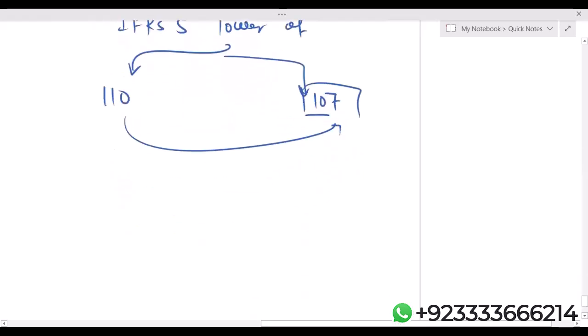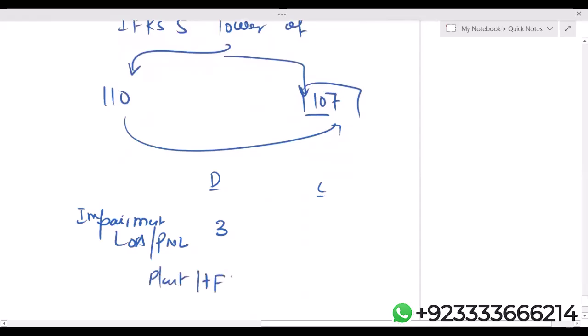Now, this is important. You have to recognize the impairment loss, and that will be directly recognized in P&L. And your plant, which is held for sale, is 107. Now, listen carefully.